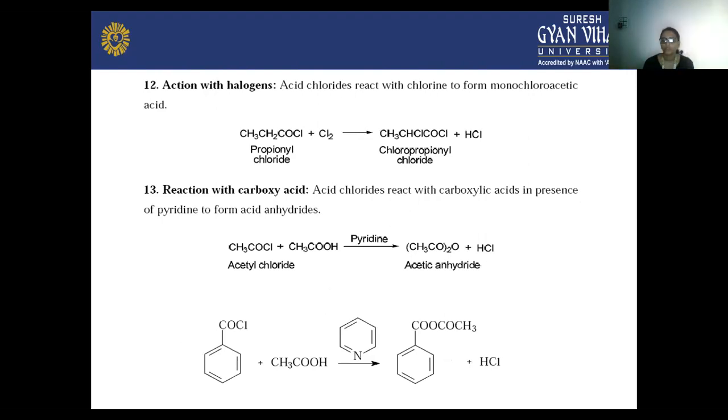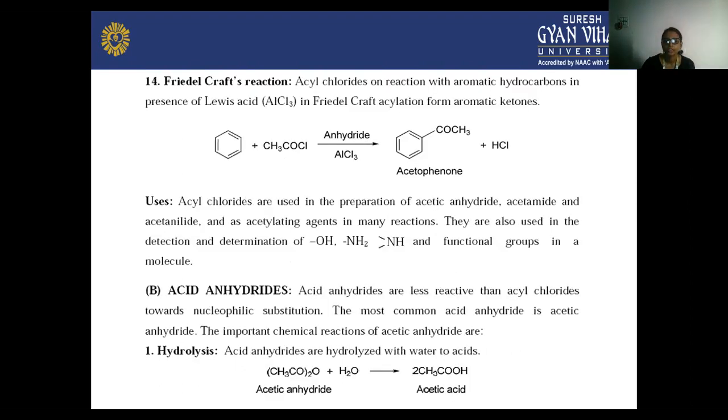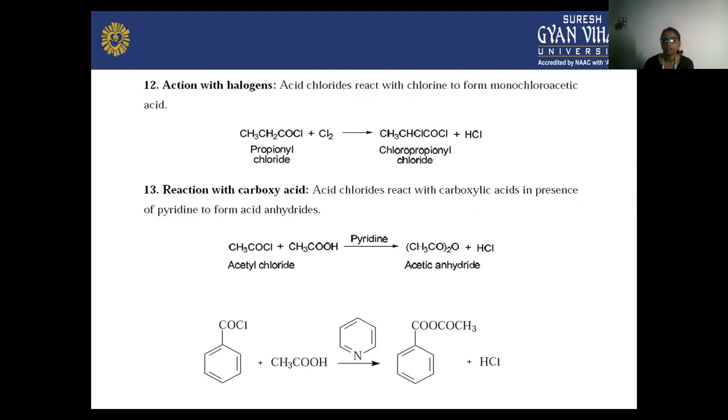Next is the reaction with halogen. So here, what will happen when the acid chloride is reacted with chlorine? There is a formation of monochloroacetic acid.